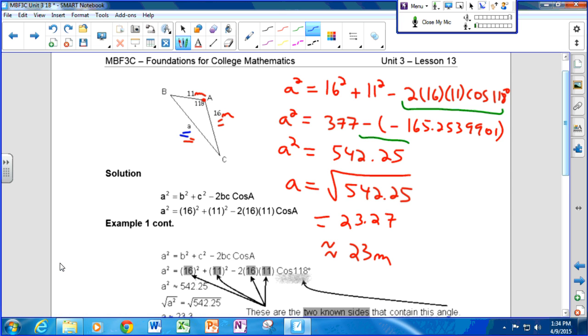If we were using the sine law, it would be a over sine of 118 degrees equals, and then it's going to be 11 over sine c, or 16 over sine b, and in either case we don't have sine a here, sine c or sine b, so we can't use the law of sines. Okay, can't use that, can't use that.